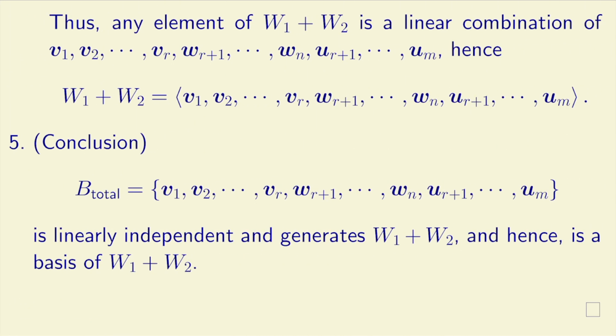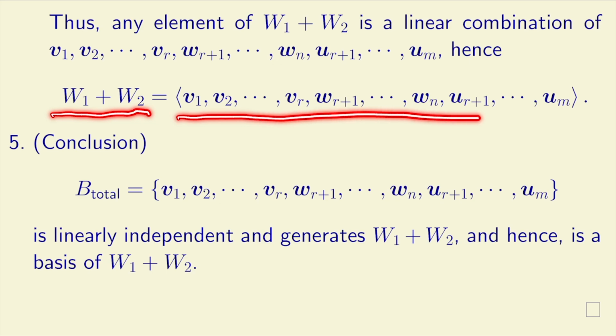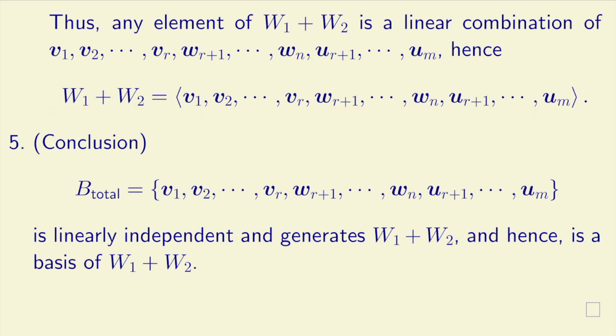Thus, we have proved that W1 plus W2 is generated by these vectors. So in conclusion, B total consisting of these vectors is linearly independent and generates the sum space W1 plus W2, and hence it's a basis of W1 plus W2.